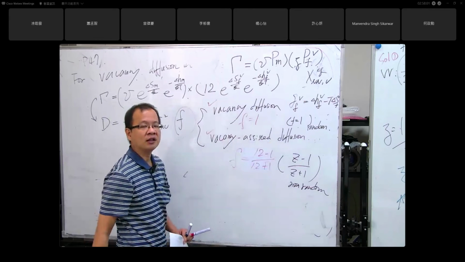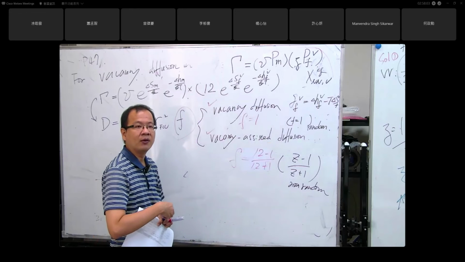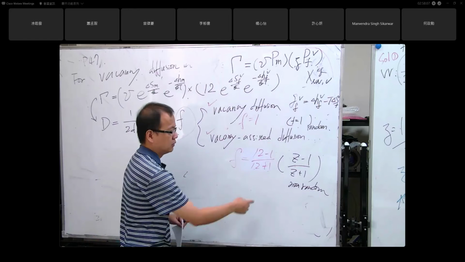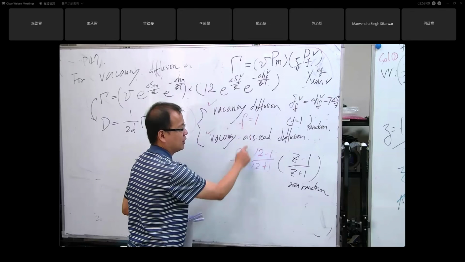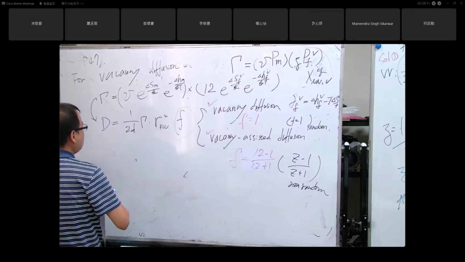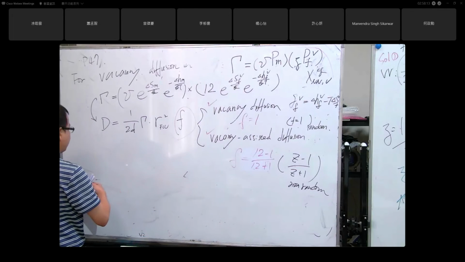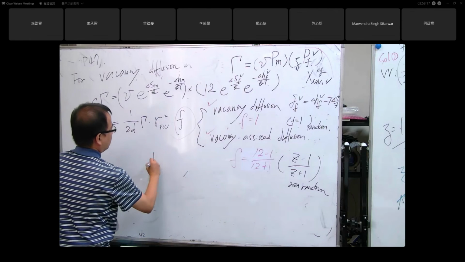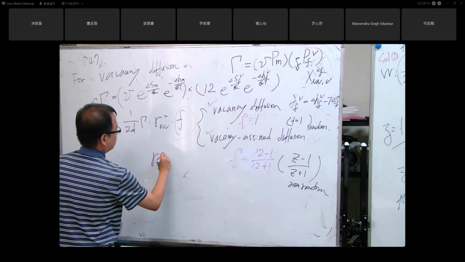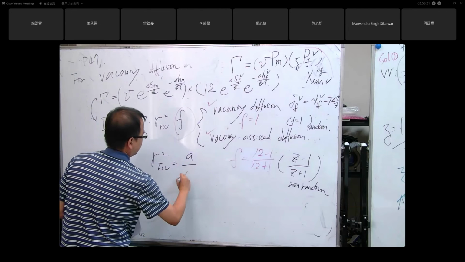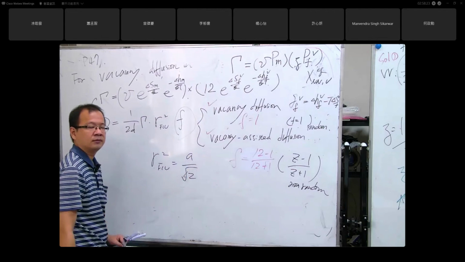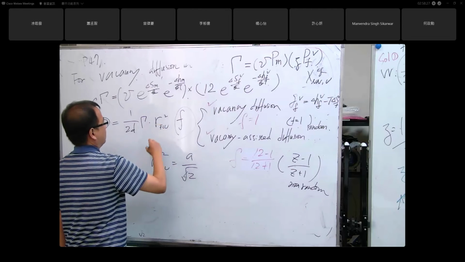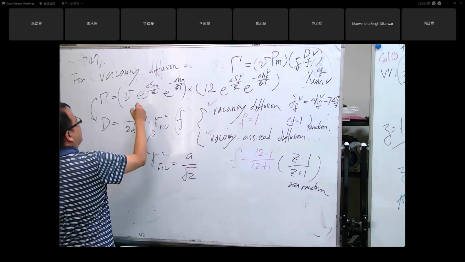They are not random because the defect will help the atom. The atom needs the defect to help. So the correlation factors are totally different. And the process is very simple again. You just put it in one by one. Then this r_FCC squared equals a divided by square root of 2. Then you put it in.